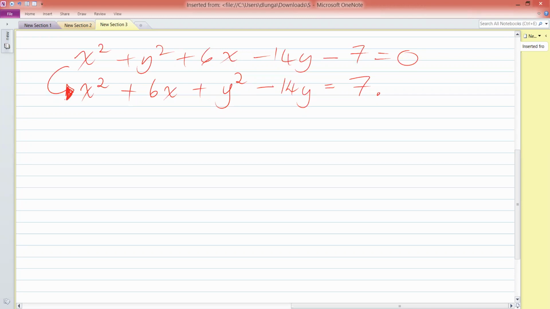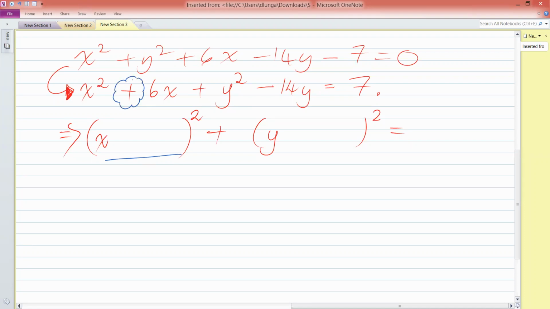Now, when completing the square, I'm going to teach you the shorter method. We know what the general equation of a circle is. You know that you're going to have an x, then there's going to be a square there. Then you're going to have a y, but you know there's a square there. Now, to work out what's in these brackets, you look at this side.